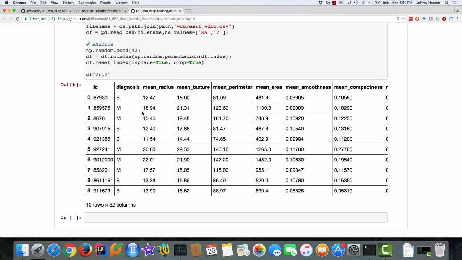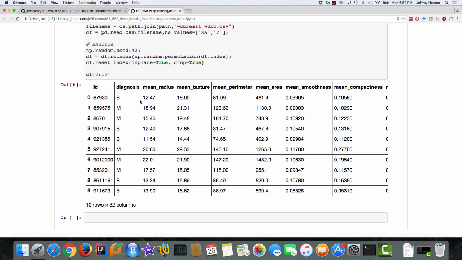Because feature engineering is all about doing the math, saving the neural network from having to do a lot of mathematics. And to do that, I would have to break this up into benign and malignant, calculate two means, calculate a standard deviation for each of those, and then create two new columns.